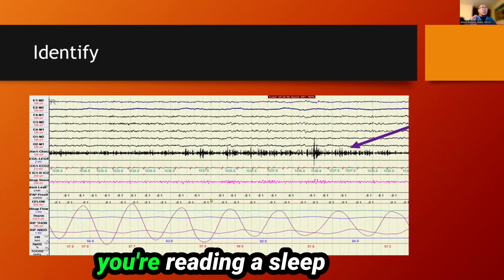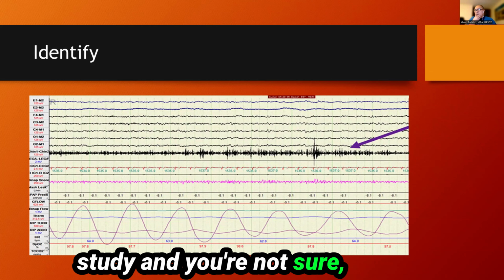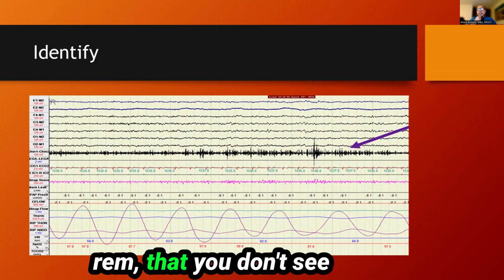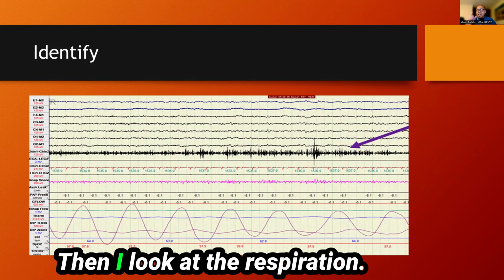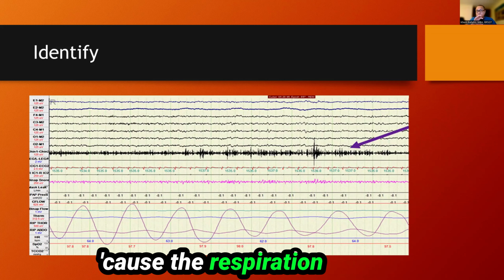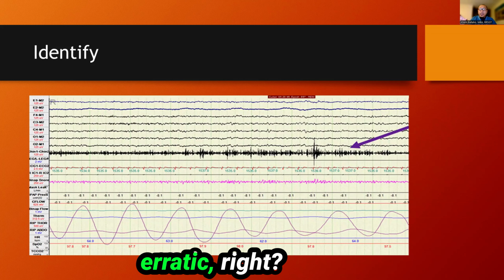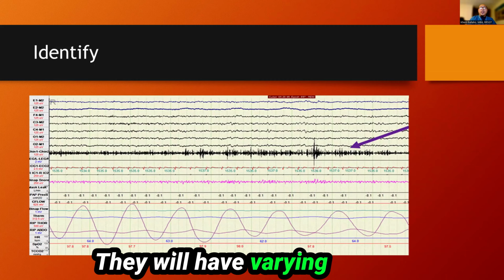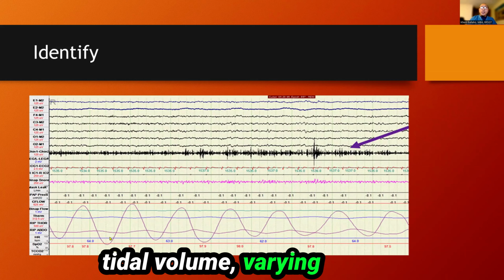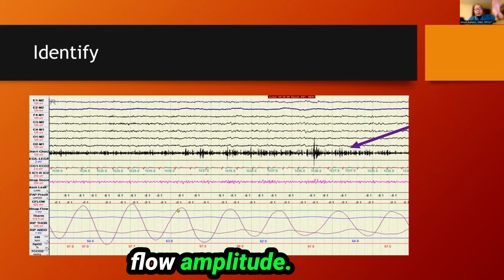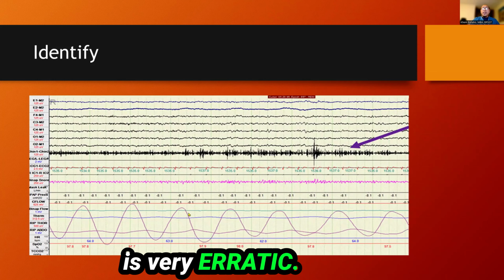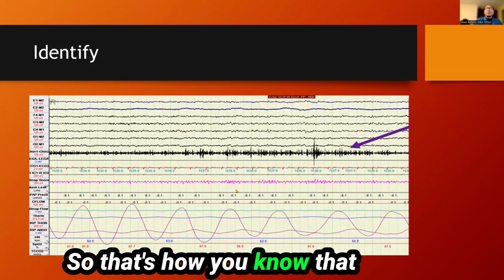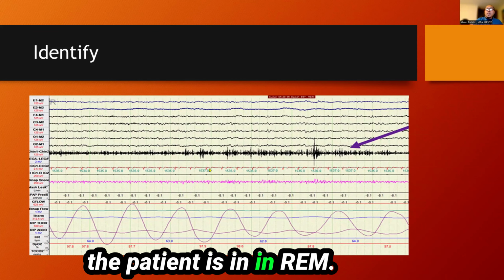When you're scoring and you're reading a sleep study and you're not sure, especially during tonic REM, that you don't see the clear eye pattern, in phase and out of phase, then I look at the respiration because the respiration will become typically erratic, right? They will have varying tidal volume, varying flow amplitude. The signal will be big, small, very small, then big again. It's very erratic. So that's how you know that the patient is in REM.